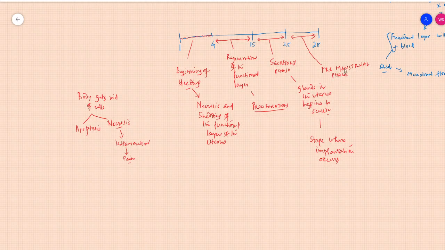In the premenstrual phase, there is ischemia, because of reduced blood flow to the endometrium.